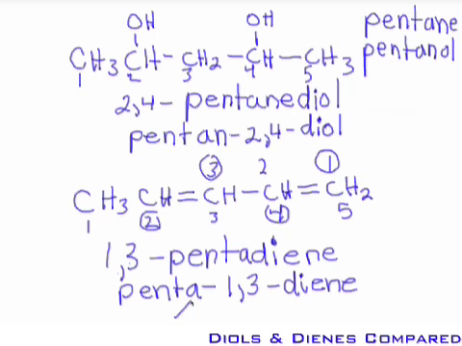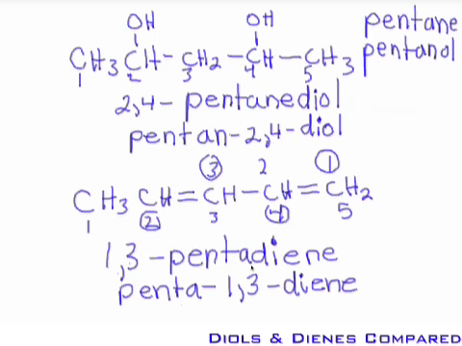Notice I didn't drop the A down here. See this A? There's a hyphen there. Why didn't I drop it? Because it's not a silent vowel. The E is silent. It gets dropped. Now notice a difference between 1,3-pentadiene, his name, and 2,4-pentane diol. You notice it wasn't called 2,4-pentadiol. It turns out that the penta shortening is used for enes and ynes.